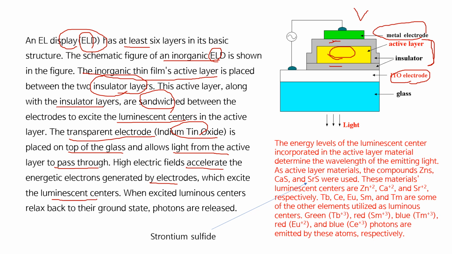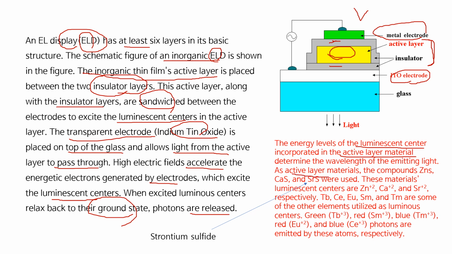When excited, luminescent centers relax back to their ground state. Photons are released. The energy levels of the luminescent center incorporated in the active layer material determine the wavelength of the emitting light.